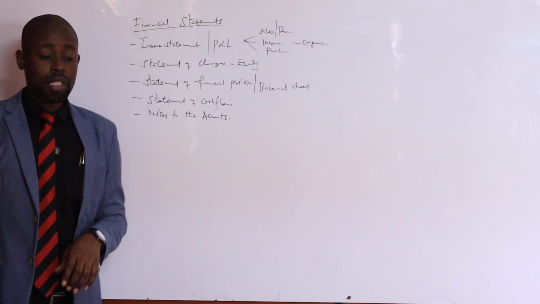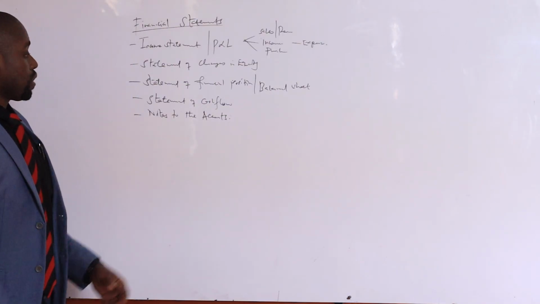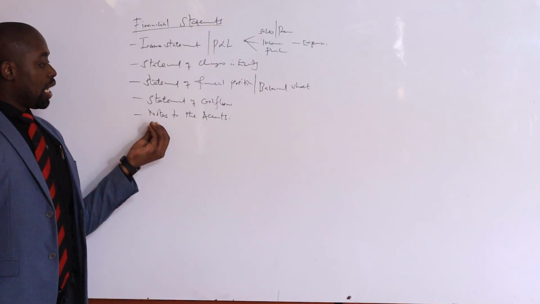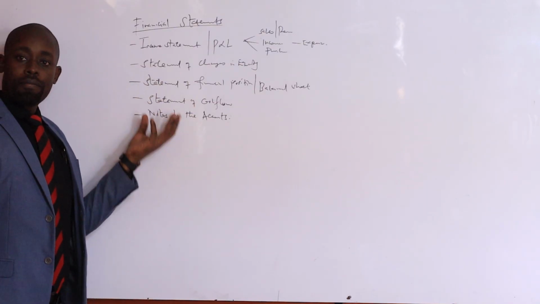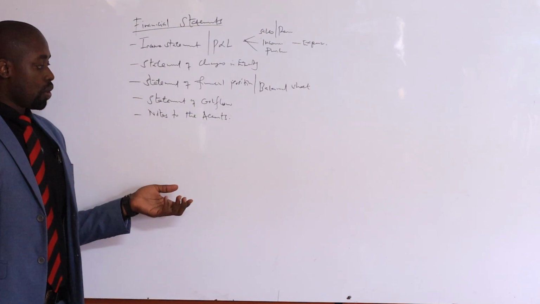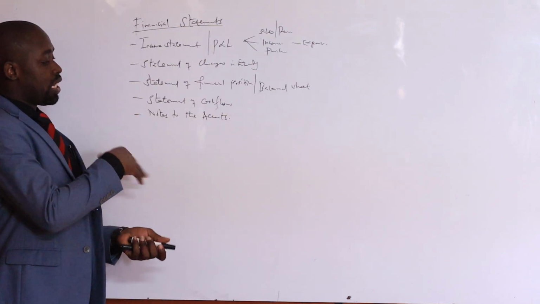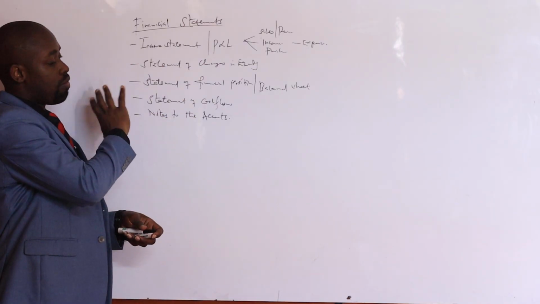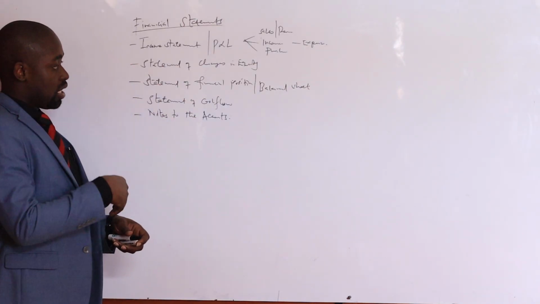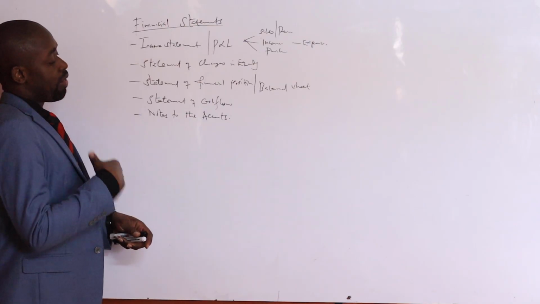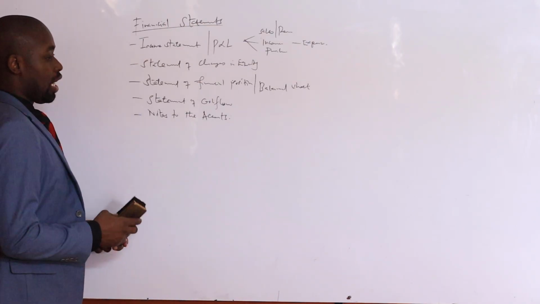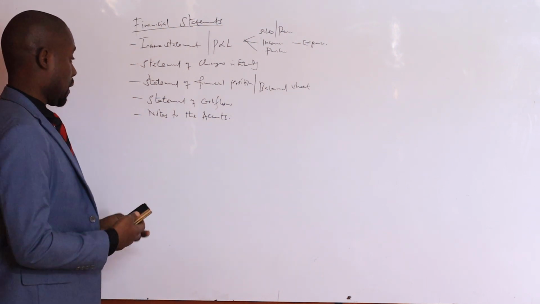Lastly, notes to the accounts refers to narrations or explanations of what appears on the face of financial statements. These are just notes that explain what appears on the financial statements I've listed above. We will talk about them in detail as we do different accounts of different businesses.